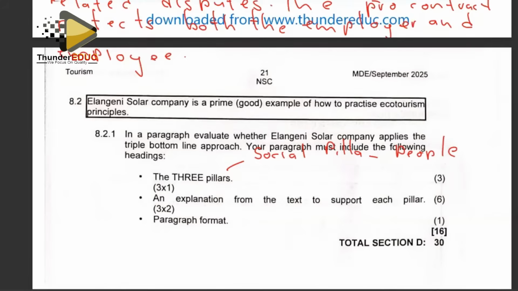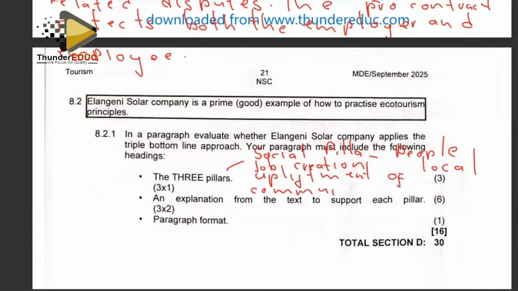The social pillar is done through the following ways: job creation, in addition to job creation, upliftment of the local community.